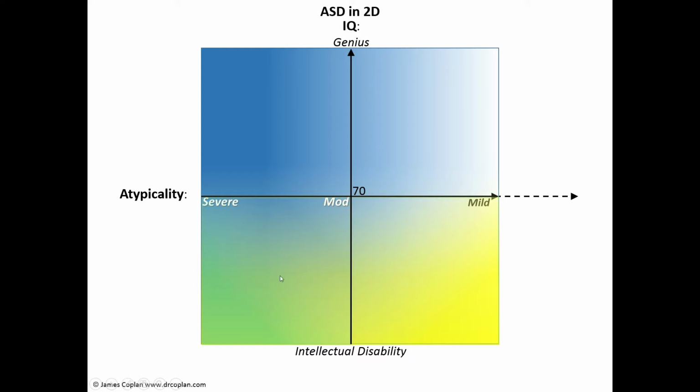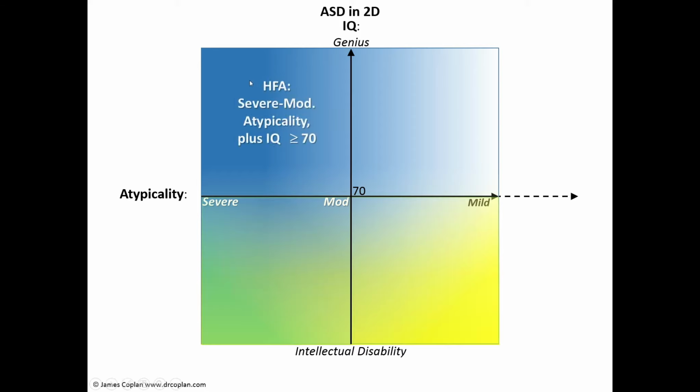And now we can begin to think about the combination of these two things. How much atypicality does somebody have, and what is their IQ? Because we need to think about those two things acting together, because it's the joint effect of those two things acting together that's going to steer the long-term course for your child.